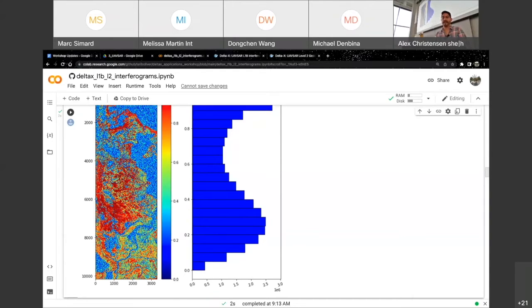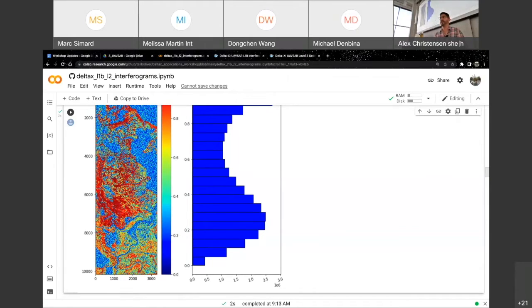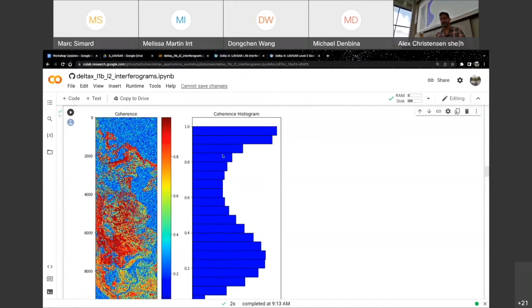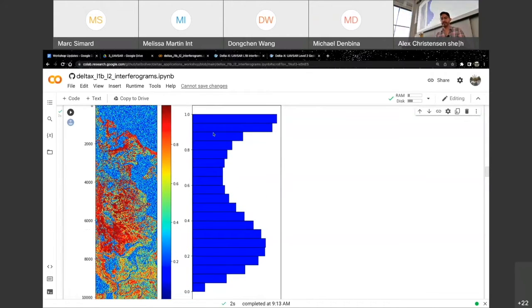And then we have some areas that are kind of yellow. This is probably because there were some inundated regions, right? So there's some vegetation that is covered, some vegetation that is partially exposed. So we have variability between those two images, and it creates this type of figure. And in the histogram, it helps us see the distribution of our coherence.